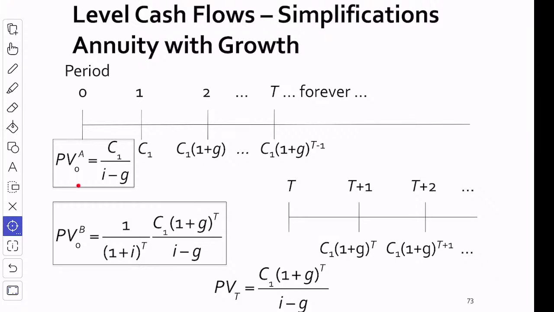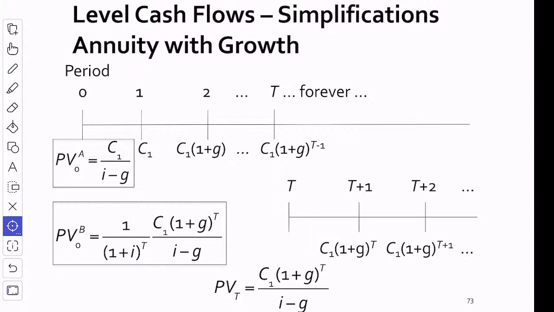So this is the growing annuity for these set of cash flows, but we aren't going to get all of those. We'll stop here, right, up till T. So what we have to do is remove all these future cash flows. We do that by writing the growing perpetuity formula, but at time T. So that's in the future. We know that future dollars are worth less today, so I need to discount that by T periods.